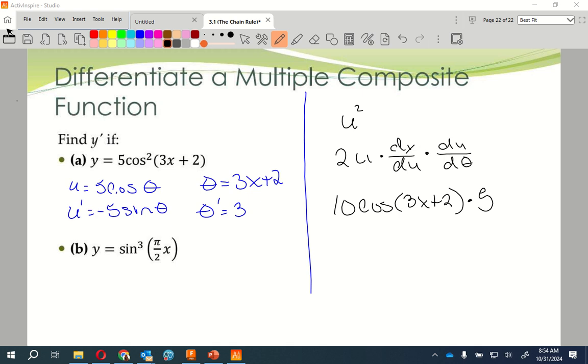Crap, I lost it. I already did that, times the 5 sine theta negative, which was 3x plus 2 times my d theta, 3.